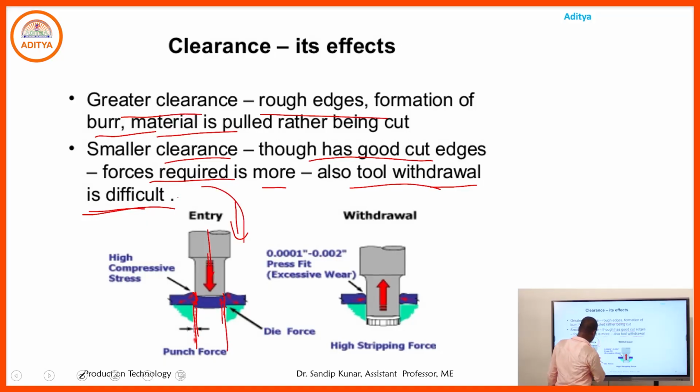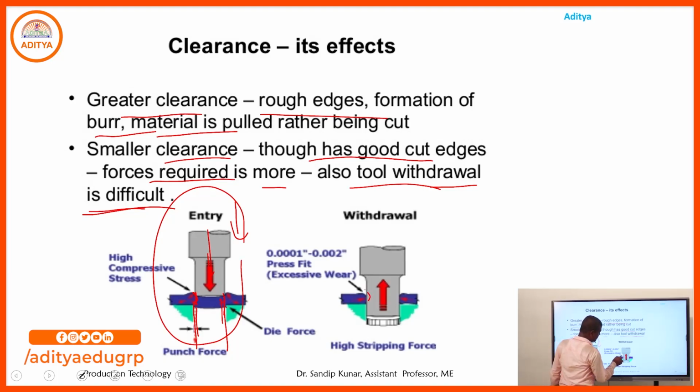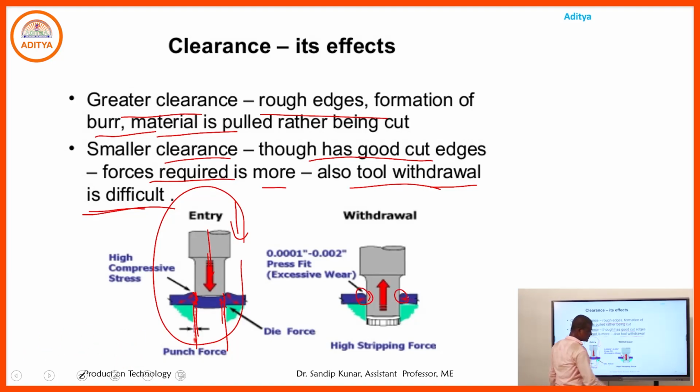Sometimes after the punching operation we want to withdraw the punch, and due to smaller clearance some effect may be produced across the cutting edge. High stripping force is required for removal of that punch.